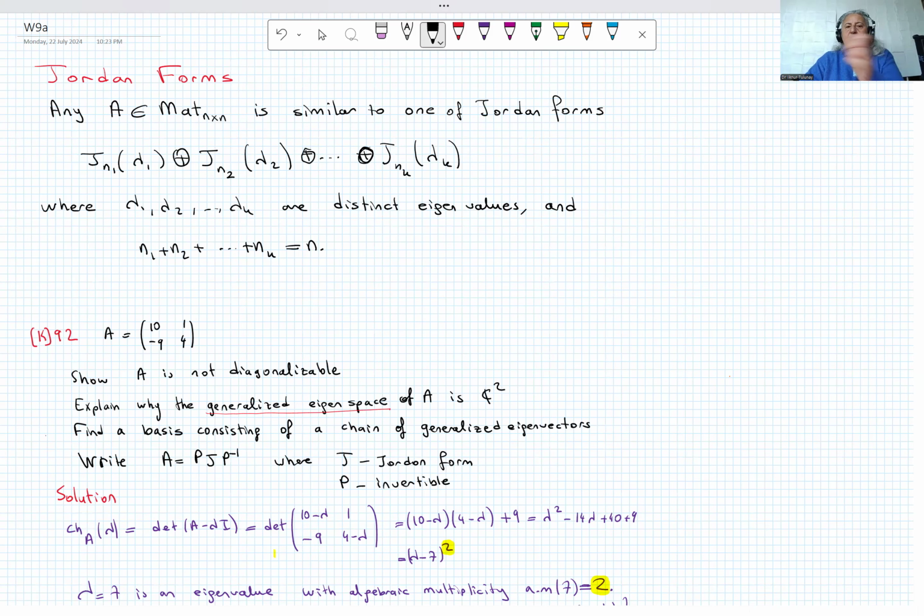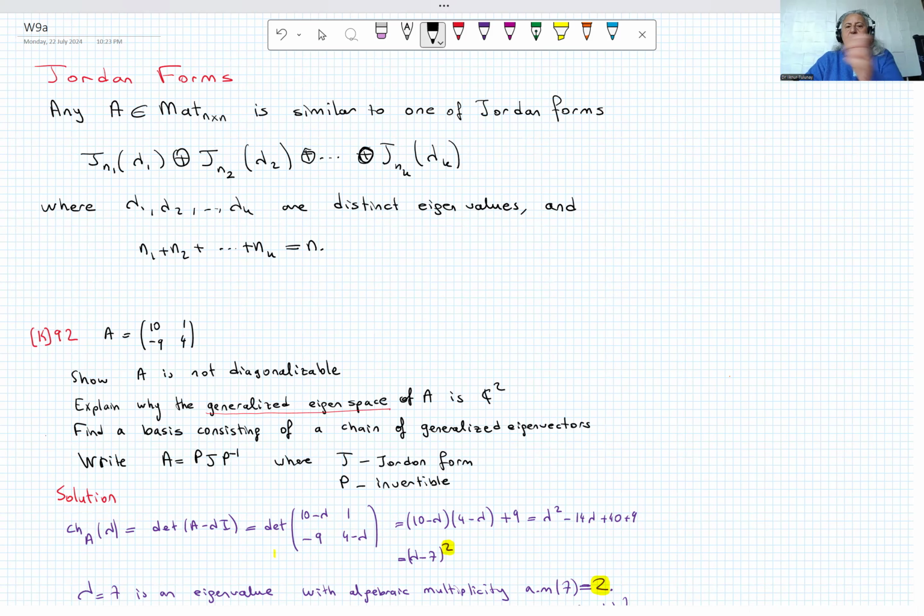Then we take this times this minus this times this, and open up the polynomial. We have (7 minus lambda) squared. So 7 is a root of this polynomial with multiplicity 2, which we call the algebraic multiplicity. 7 is an eigenvalue with algebraic multiplicity 2.